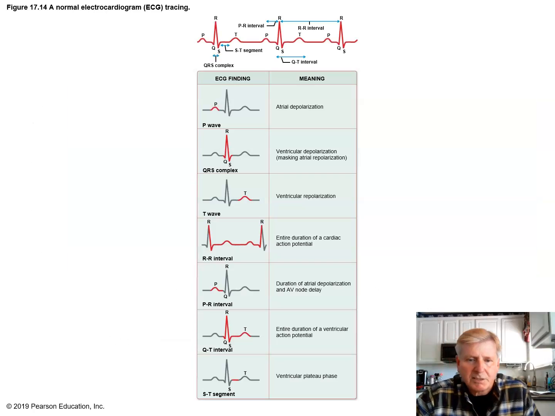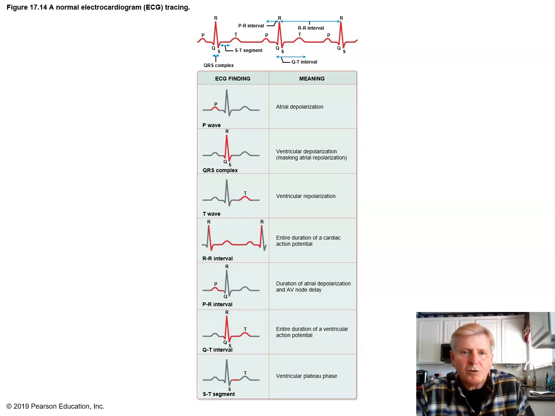So this is a normal electrocardiogram tracing that depicts the electrical activity of the heart during depolarization and repolarization. If you look at this image here, you can see the P wave. The P wave is a result of the atria depolarizing. Okay, as you can see that little red area right at the very top.